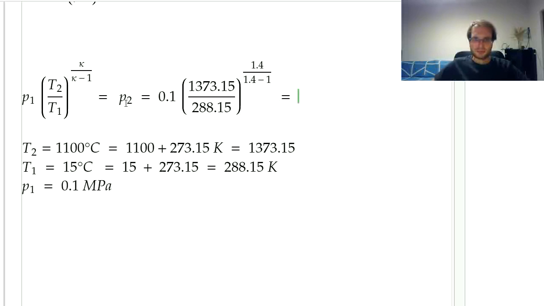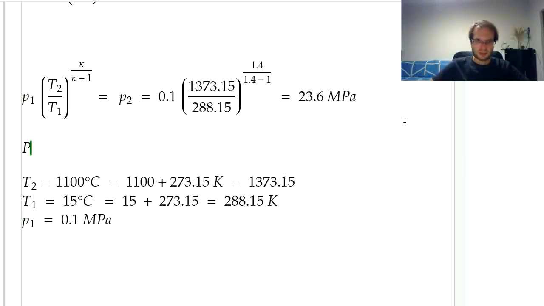And we should get the pressure P2 to be 23.6 megapascals, which also means that the pressure ratio would be 236.